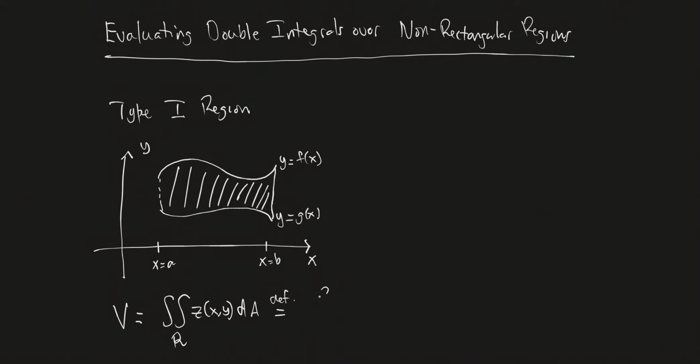We integrate with respect to y first, because those limits are not constant. Let me use the commonly used notation. The g of x here would be our lower y, and the f of x here would be the upper y.